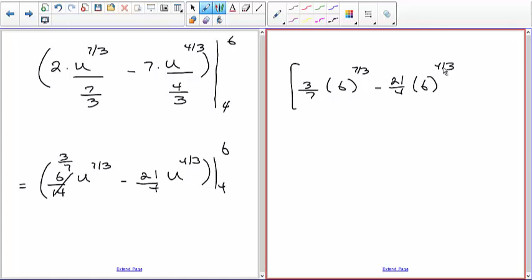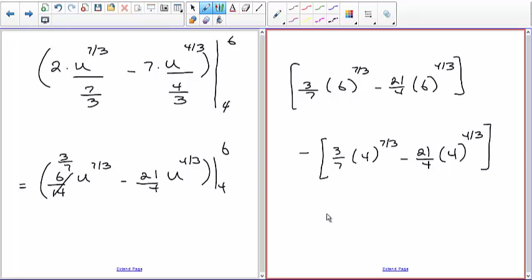So that's the integral evaluated at the upper limit. And then we have 3/7 times 4 to the 7/3 minus 21/4 times 4 to the 4/3. So that's evaluated at the lower limit.